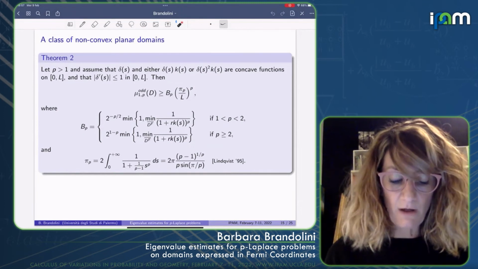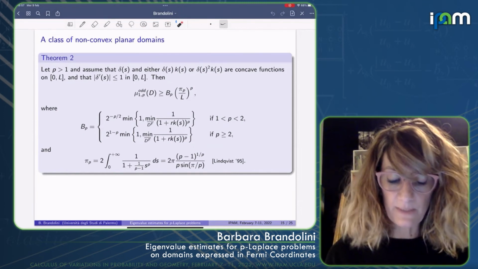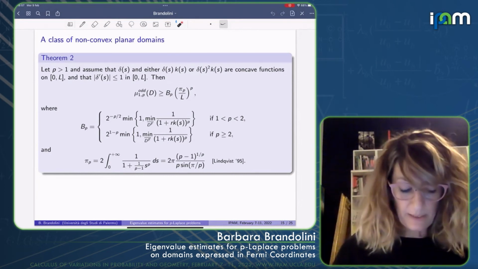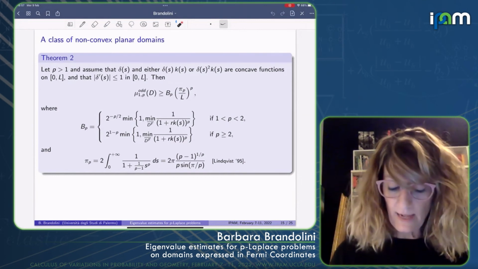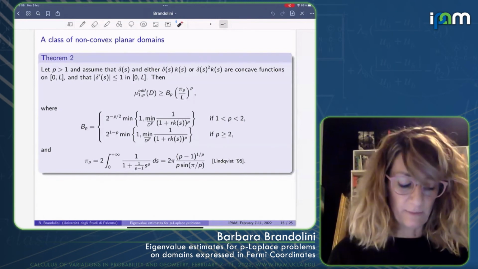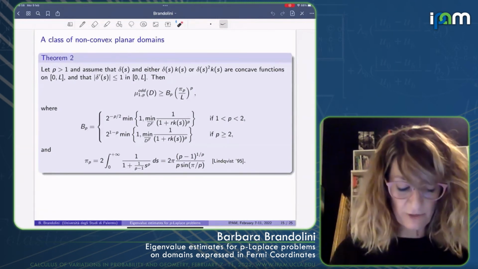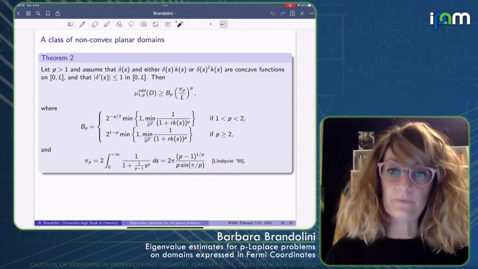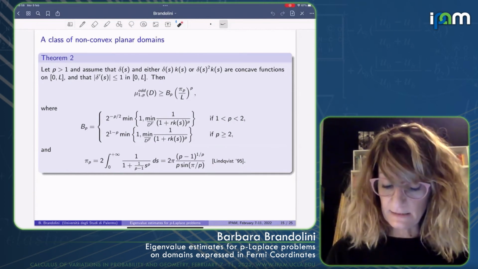such that μ1 odd is greater or equal than Bp times the ratio between pi p and the length of the curve to the power p, where pi p is this number. It coincides with pi when p is equal to 2, it is a sort of generalization of pi, and it is introduced in this paper by Lindqvist in 1995.